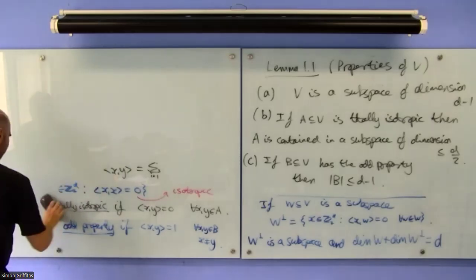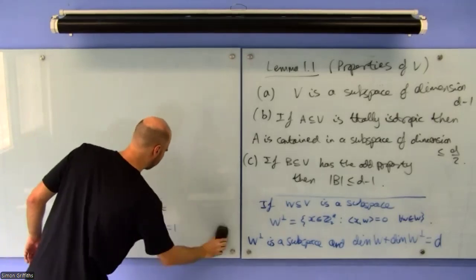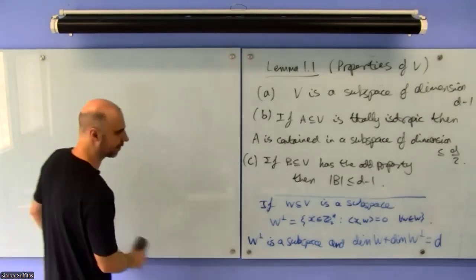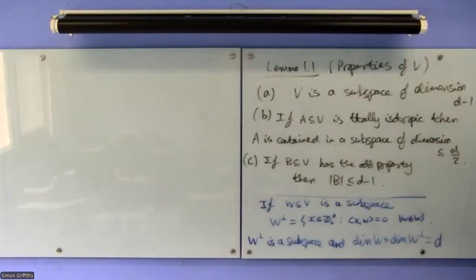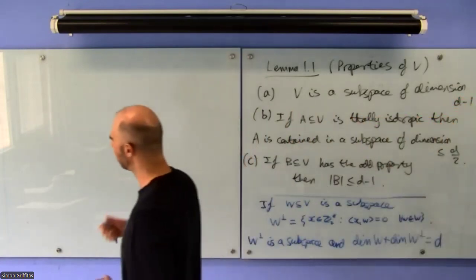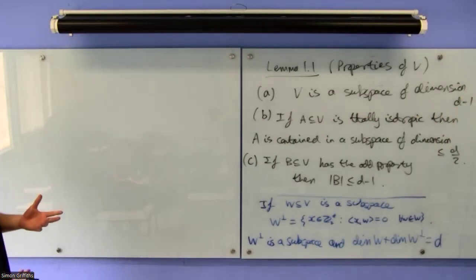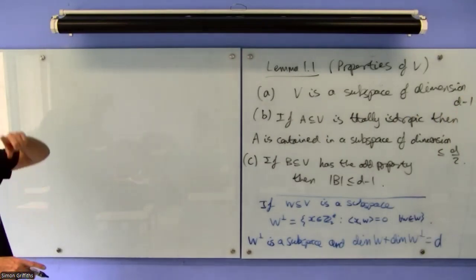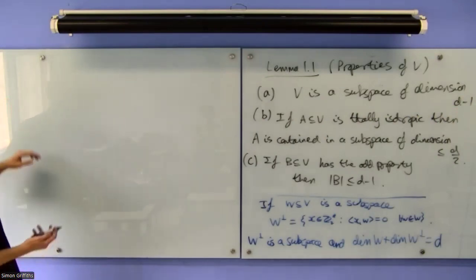In fact, this fact makes part A very easy, because being in V basically just corresponds to having an even number of ones. And having an even number of ones means you're going to be orthogonal to the all-ones vector, right? Because your intersection with that is even.